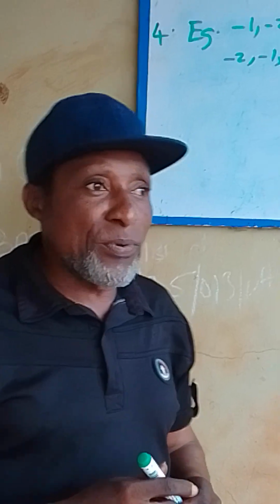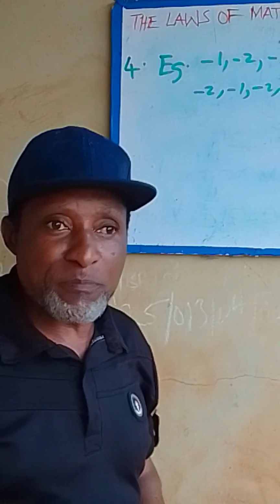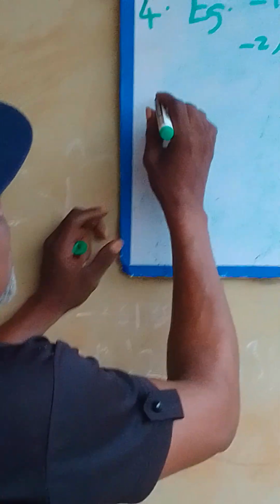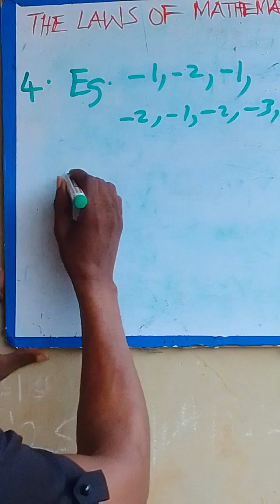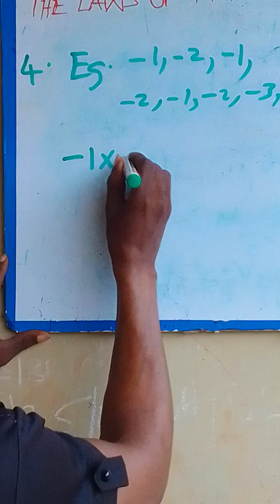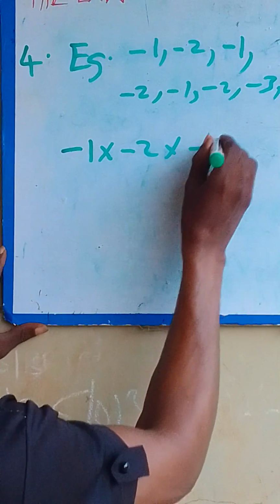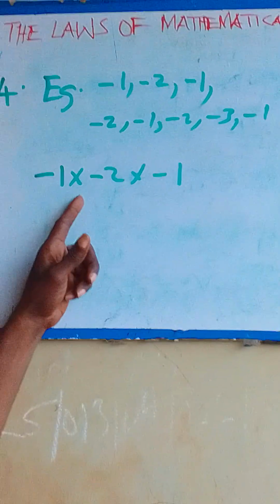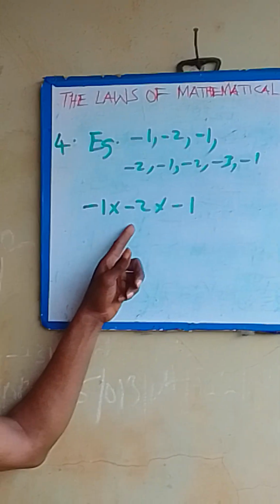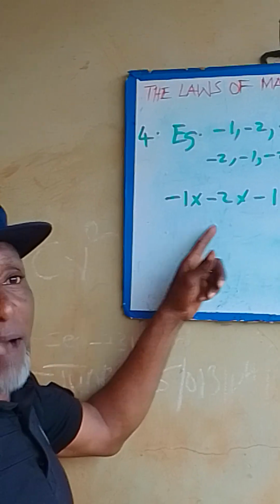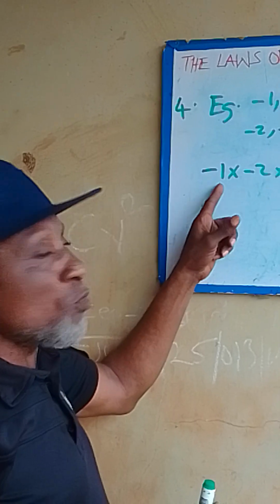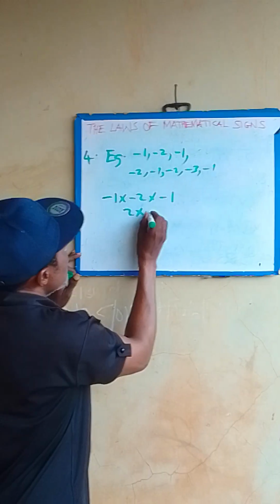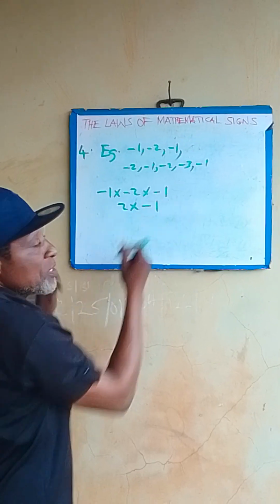Let us take an example and use this sequence to solve the problem. Like in the case of the first sequence there, if we are to multiply out, we are going to have minus 1 times minus 2 times minus 1. So minus 1 times minus 2. From our law 1, minus times minus is plus. So minus 1 times minus 2 will become plus 2 times this minus 1.